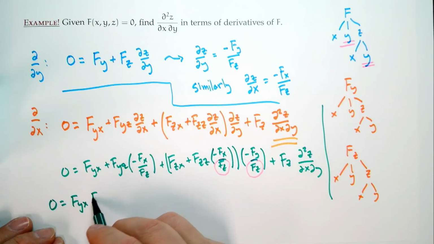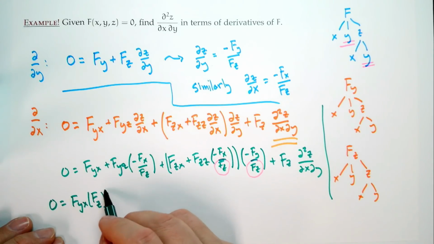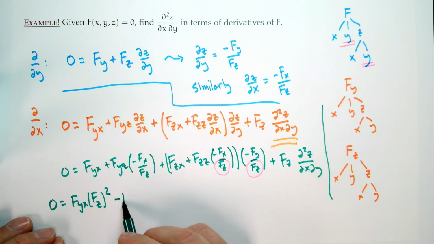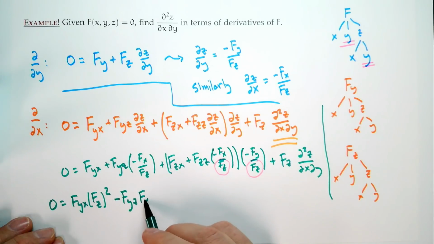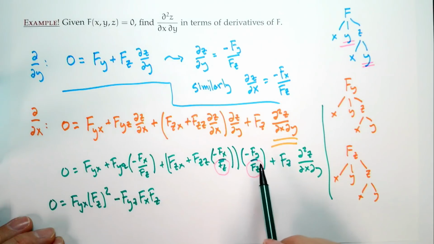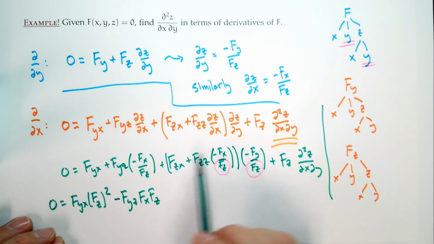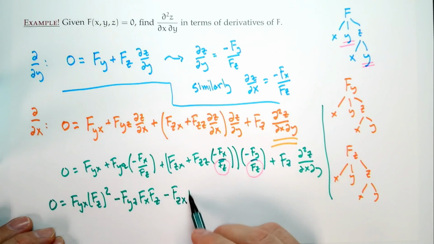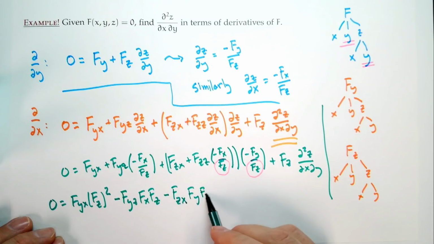f y x f z squared. Now here, I'm going to cancel one f z, so I'm going to get minus f y z f x f z. Now the next term, well, it'll be distributing, so it's still minus f z x f y f z.